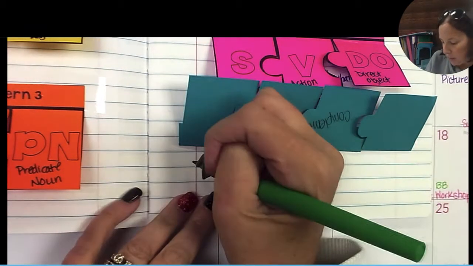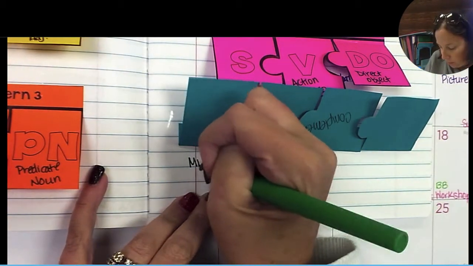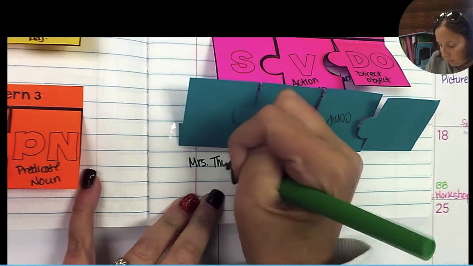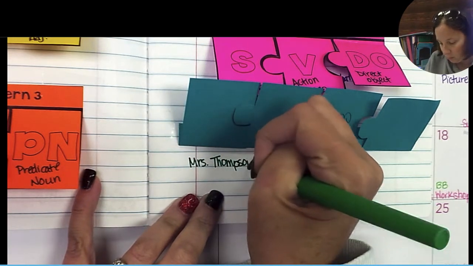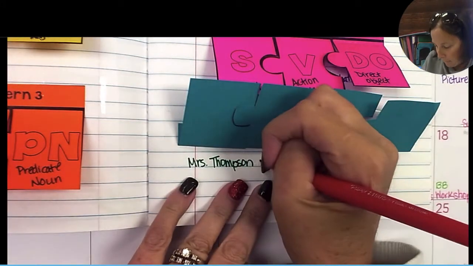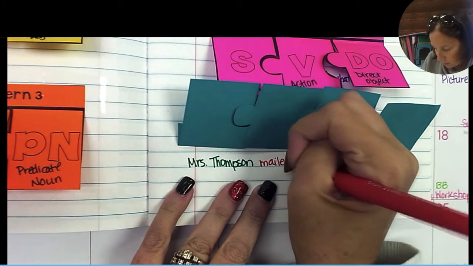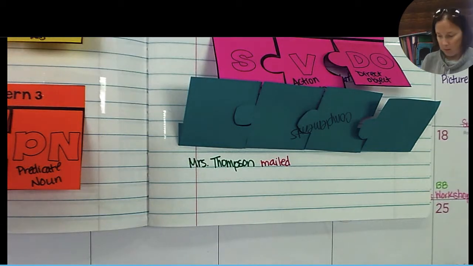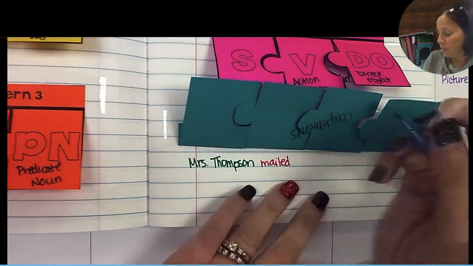Okay, so we have Mrs. Thompson. Okay, we still have mailed. Okay, now I'm adding in an indirect object.